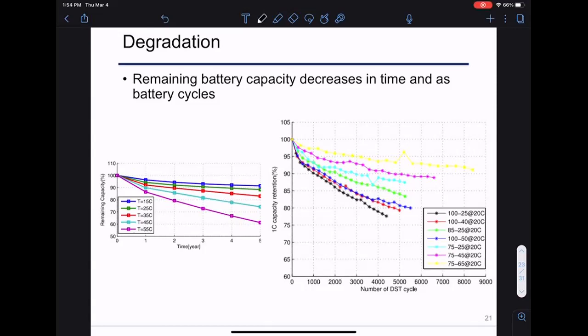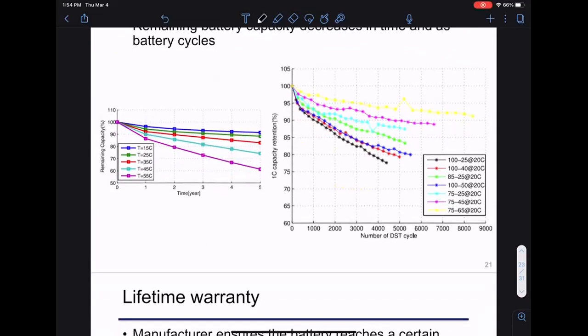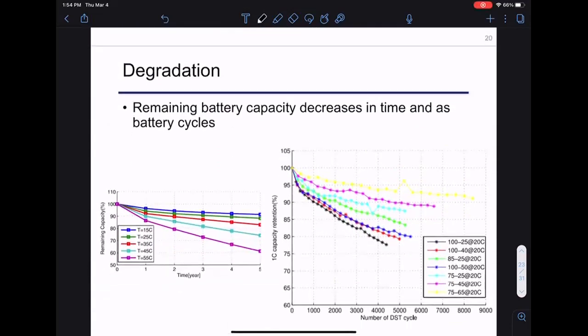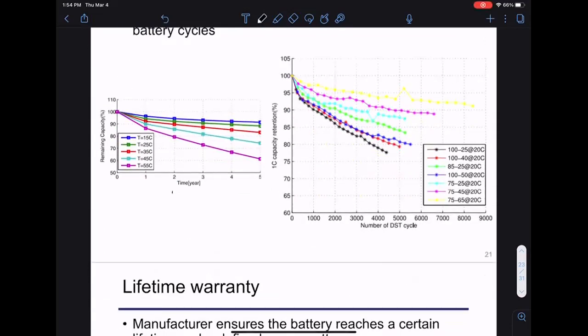When you charge a battery, normally you have a battery from 0 to 100% full. For the health of the battery, you don't want to leave the battery very close to 100% or very close to empty.